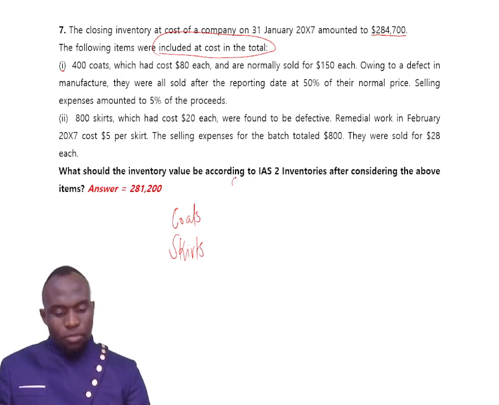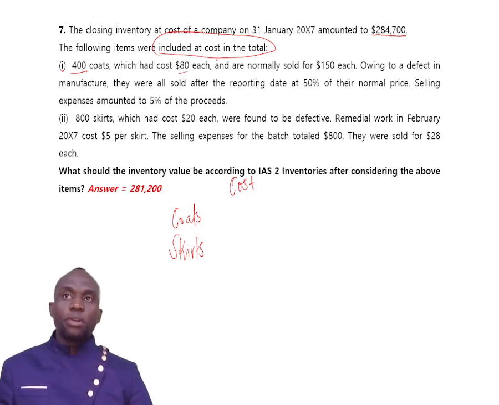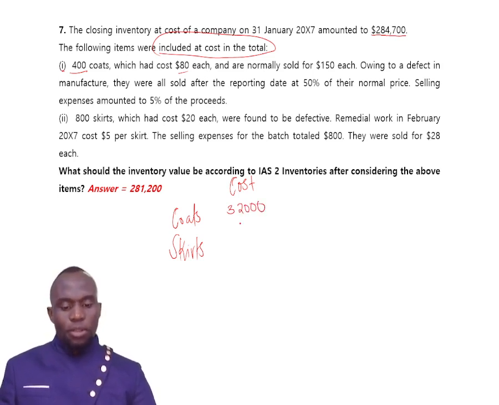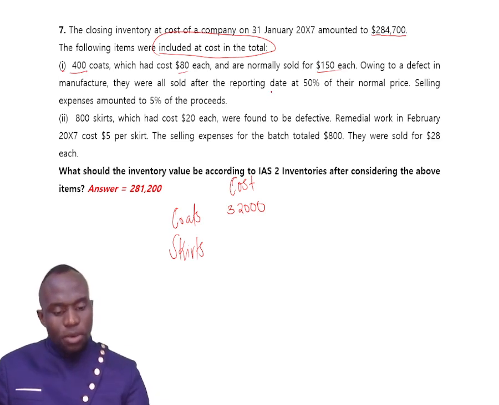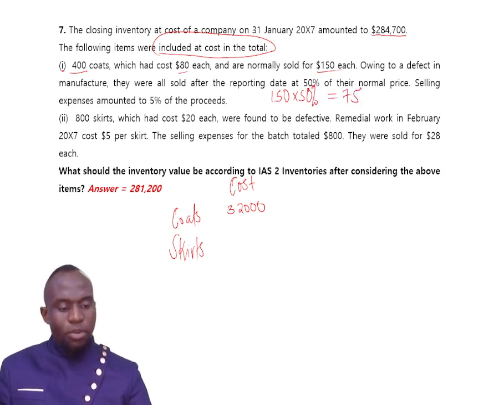So what is the total cost of the coats? You read the data. There were 400 coats, each costing $80. When you multiply, you get 32,000. So the cost was 32 for the coats, and they are normally sold at $150 each, but owing to a defect in manufacture, so during the manufacturing process, they were damaged, and they can all be sold at reporting date at 50% of their normal selling price. So we can only sell them at a selling price of 150 times 50%, so we get $75.